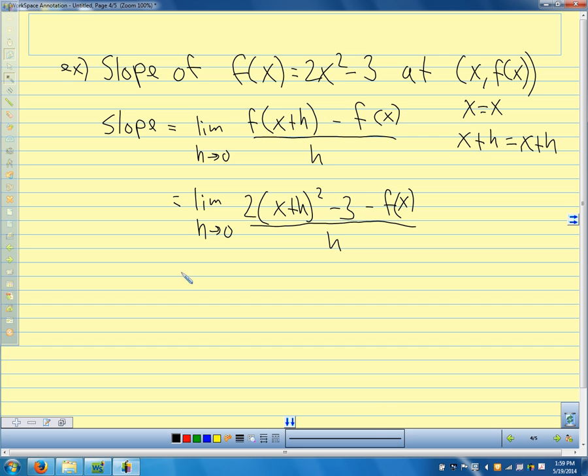So when I multiply this out, I get the limit as h approaches 0 of 2 times (x squared plus 2xh plus h squared) minus 3 minus, and f of x is, I should say f of x is 2x squared minus 3 here.